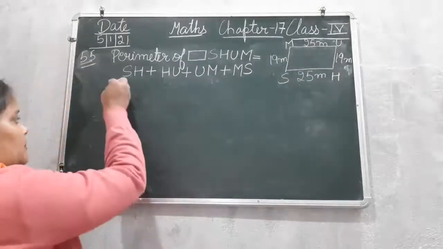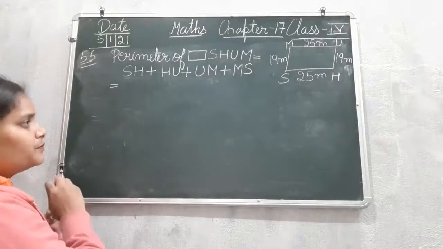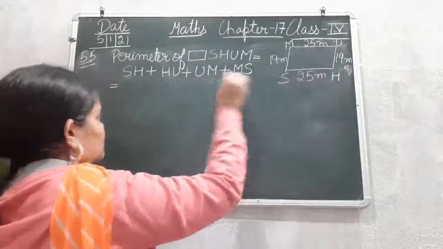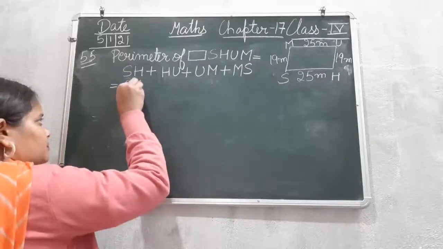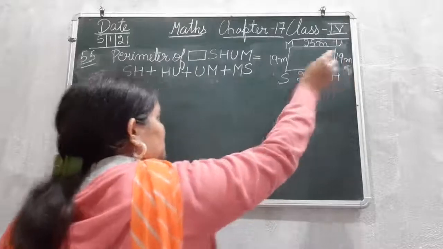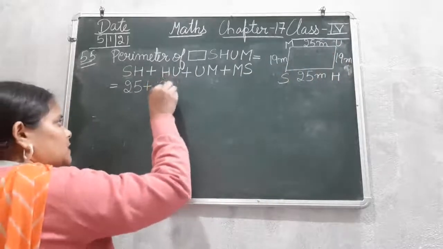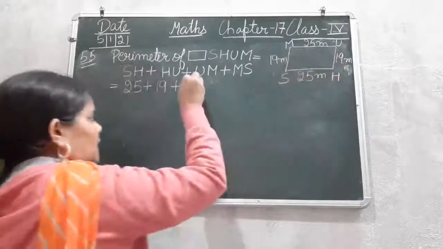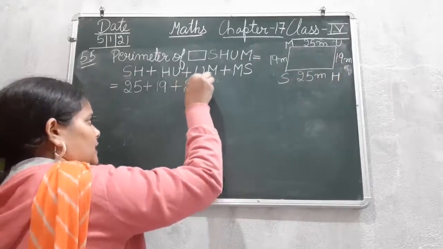Now we will write the measurements of its sides. That is SH. SH is 25 meter plus HU. HU is 19 meter plus UM. UM is again 25 meter.